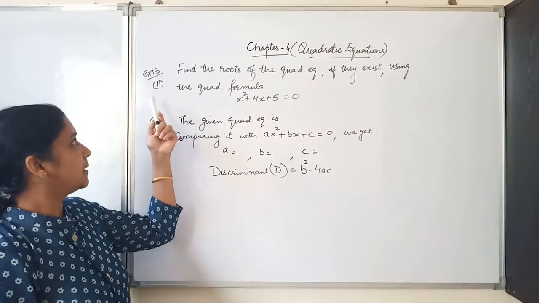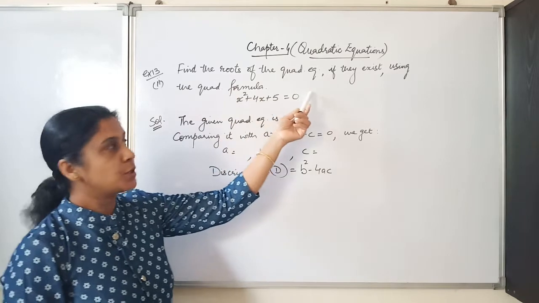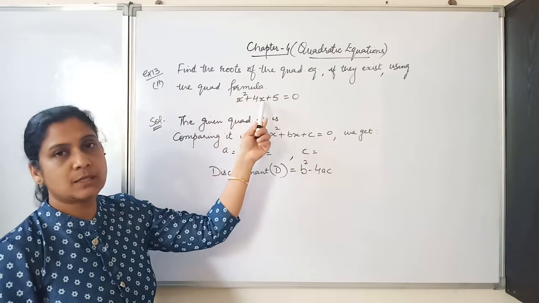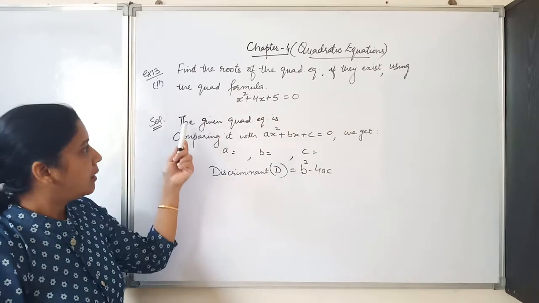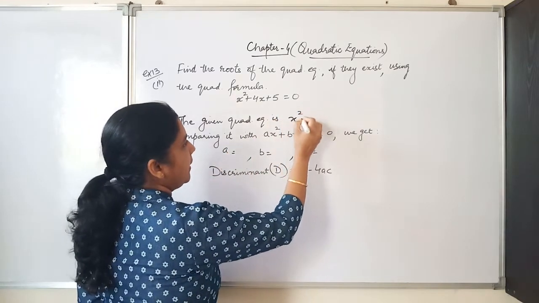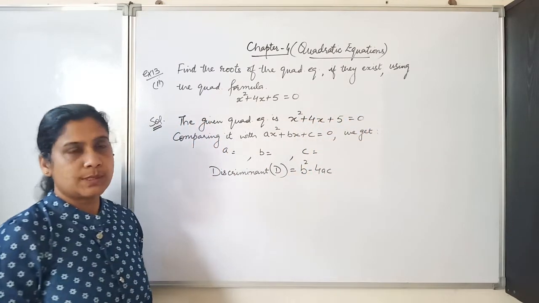Let us take up another example. Example 13, second part. Find the roots of the quadratic equation, if they exist, using the quadratic formula: x square plus 4x plus 5 is equal to 0. The same format: the given quadratic equation is x square plus 4x plus 5 is equal to 0.